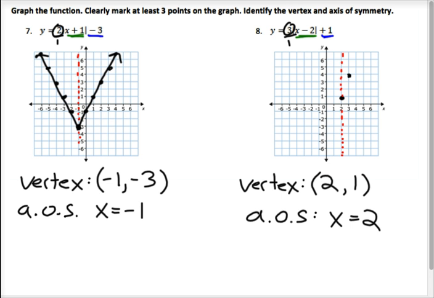And then that's not all I do. I have to mirror that image across the axis of symmetry. Follow my point again to get my next point. And once again, I'm going to mirror that image across to right there.